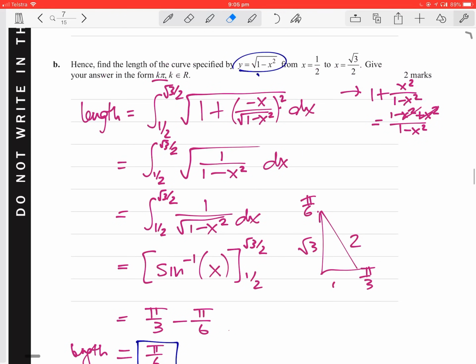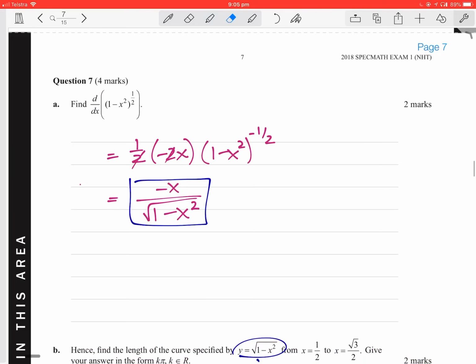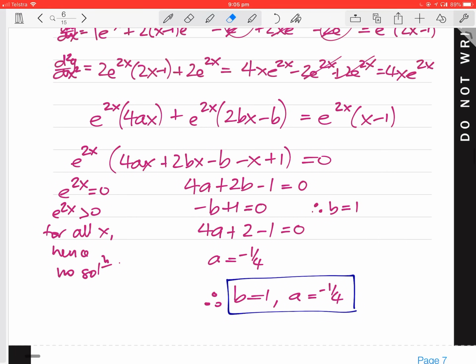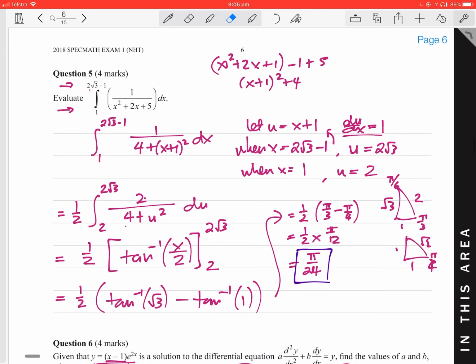Pi on 6. What was this? A length, and it said k pi, so that's a nice one. That's a gimme for 2 marks. I don't know, have I stuffed it up? That one's reasonable as well.